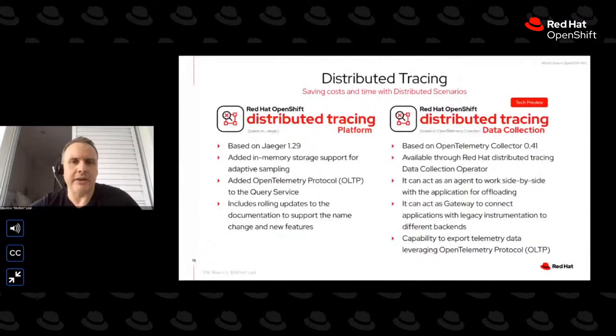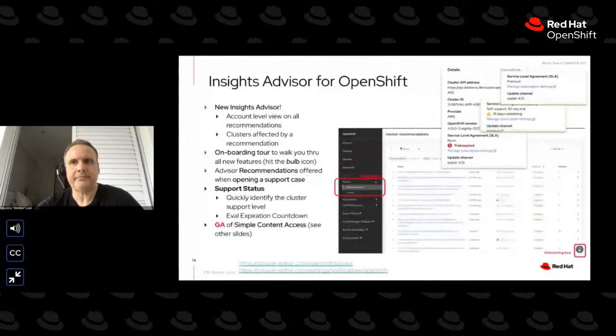It can act as an agent working side by side with your application, or it can work as a gateway to connect to existing backends on OpenShift, but also outside of OpenShift. Eventually, we're going to release other presentations to explain more about the OpenTelemetry collector, so stay tuned. With that, I pass the baton to the next PM, Radek.